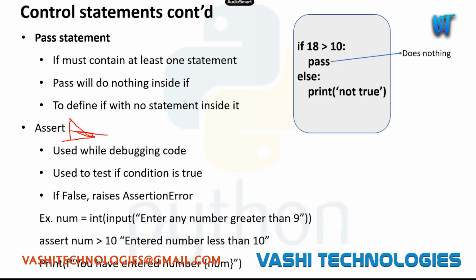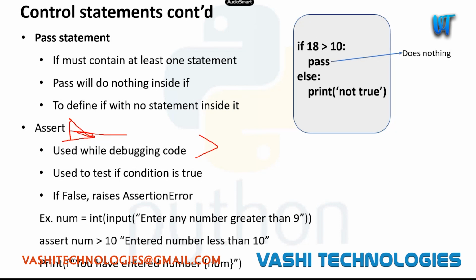This is majorly used while debugging our code. When we have a huge number of lines of code, the only way to identify errors is to debug the code. We need to debug the code line by line within the block where the code is breaking. So we'll be using assert mostly while debugging the code.